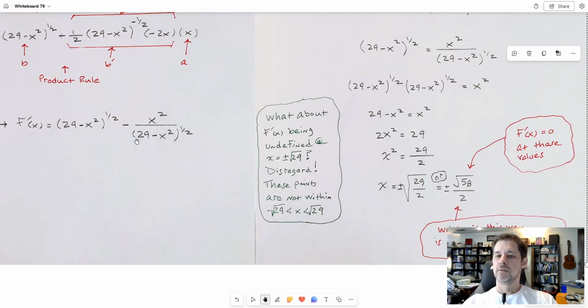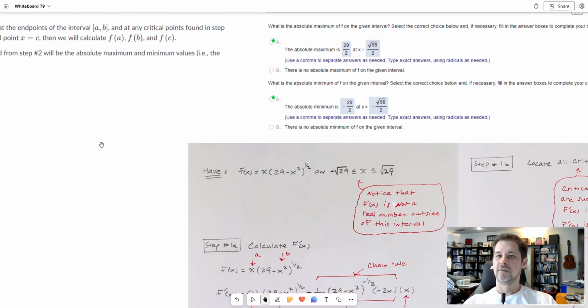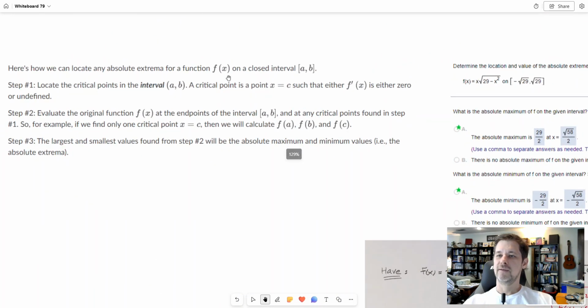I notice further that if x was either plus or minus root 29, when I square it I would get 29, and 29 minus 29 is 0. So it looks like those would be critical numbers also, because the derivative is undefined at plus root 29 and minus root 29. But the fine print goes like this. When we solve this kind of problem, we're given a function on a closed interval, meaning the endpoints are in play, but the critical points have to be inside the endpoints, meaning the endpoints are excluded.